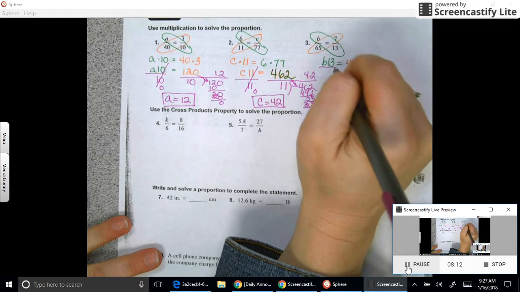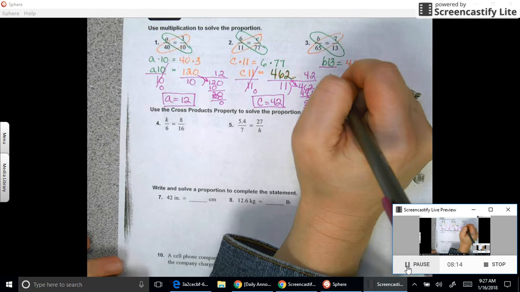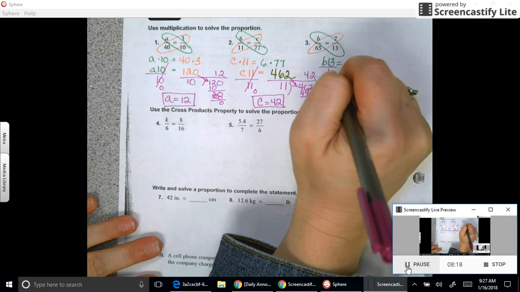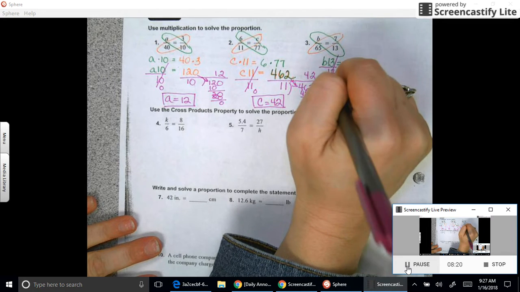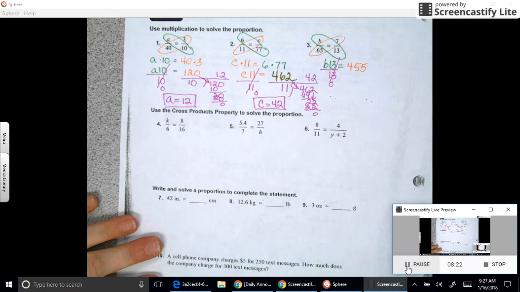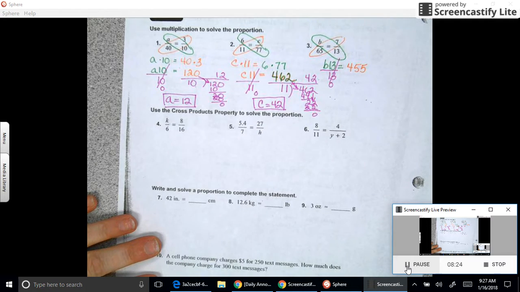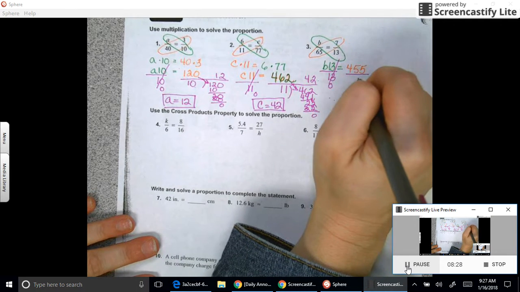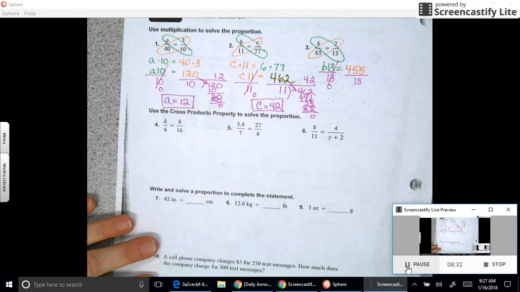When you have b stuck together like that with 13, by multiplication, division is what pulls it apart, and those two cancel each other out for 0. What you're thinking is on the other side of the equation. That's where you have to put the 455 over 13. Because what you do on one side of the equal sign, you have to do on the other.